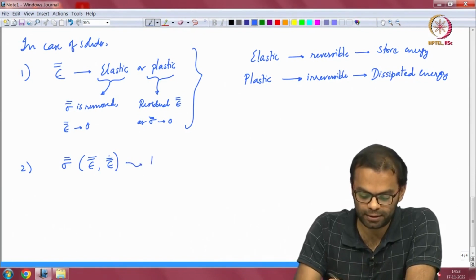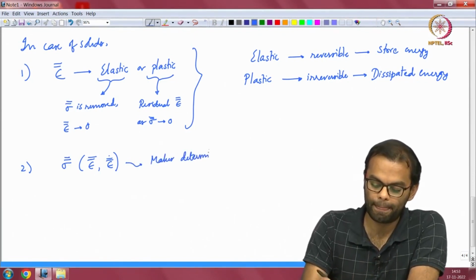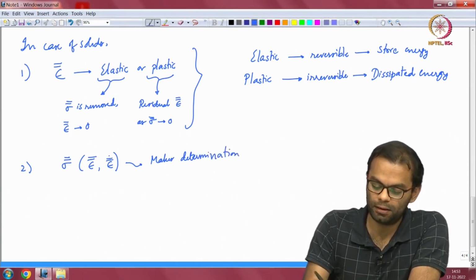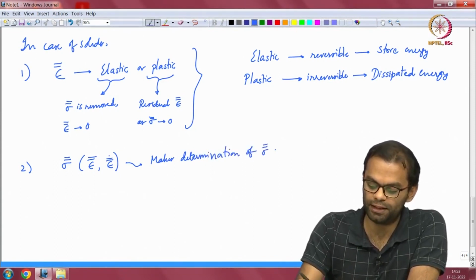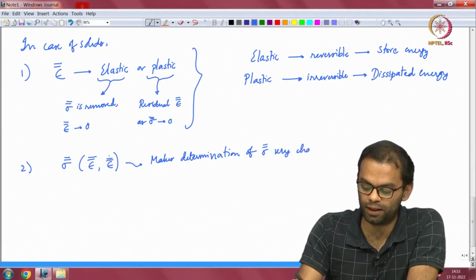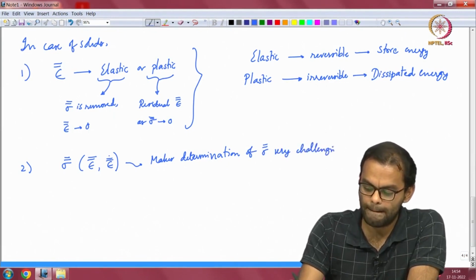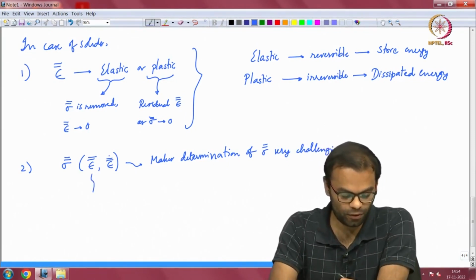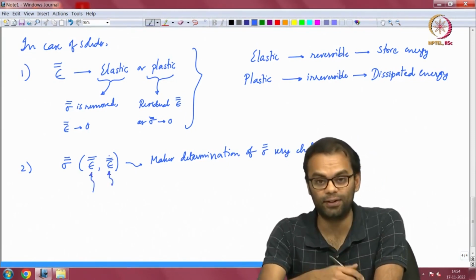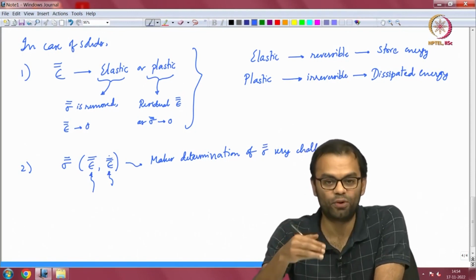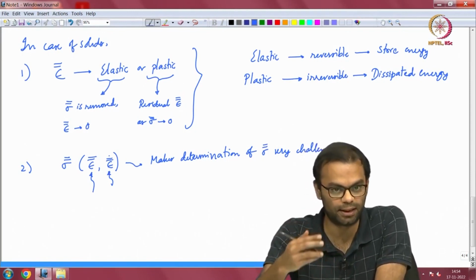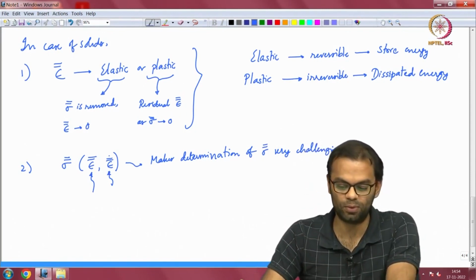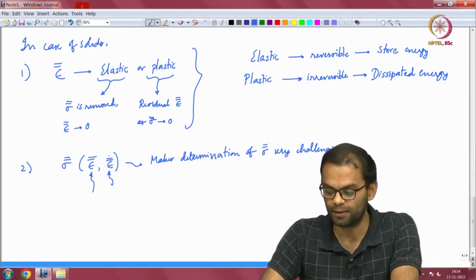So this makes determination of sigma very challenging, okay. So even if you can get information about the kinematics from either the strain or the strain rate field, it makes it very difficult for you to put that together and determine the stress. So that is another challenge that you will have to put up with in the case of solids.